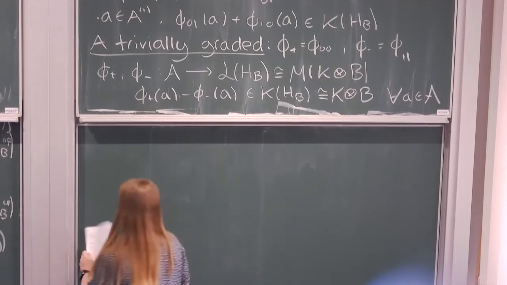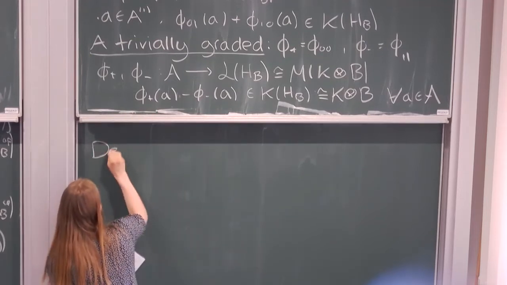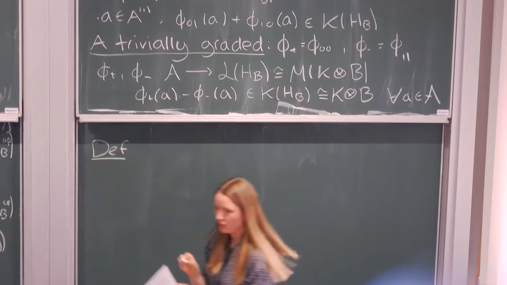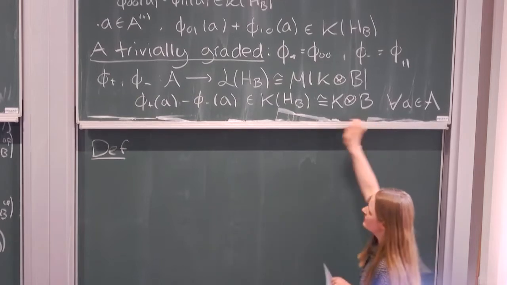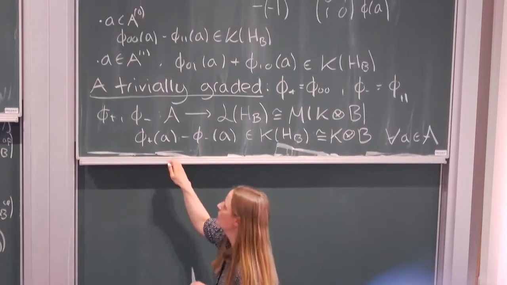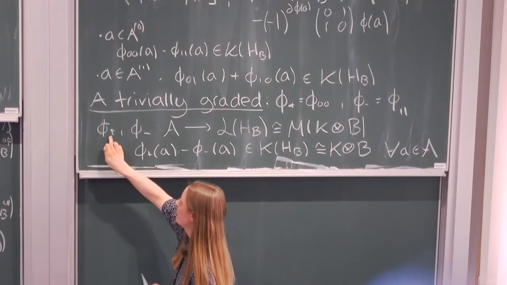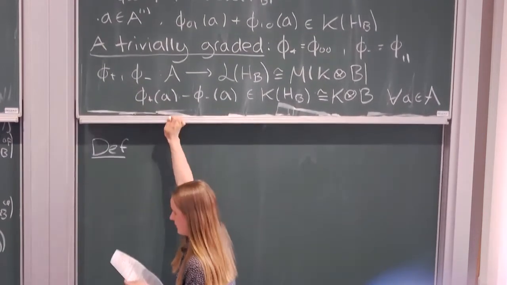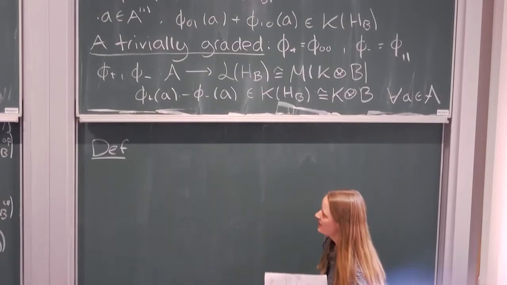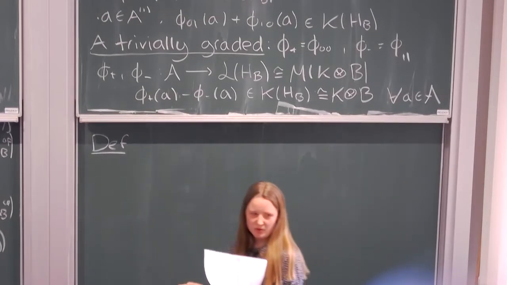So here he looked at quasi-homomorphisms. Maybe I should also say here that the degenerate elements will be precisely the ones where phi plus and phi minus are the same.